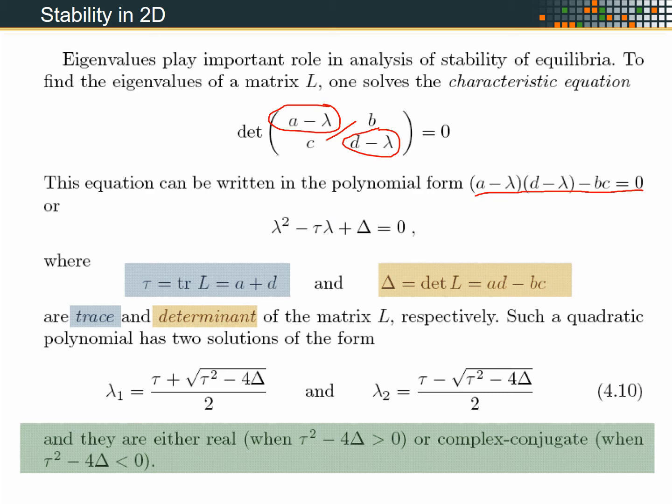We substitute the coefficient for all the terms that only are linear with lambda and call this tau, which is a plus d, and all the parts that have no lambda we call delta, which is a times d minus b times c. These two parts are equivalent to the trace and the determinant of the Jacobian matrix.